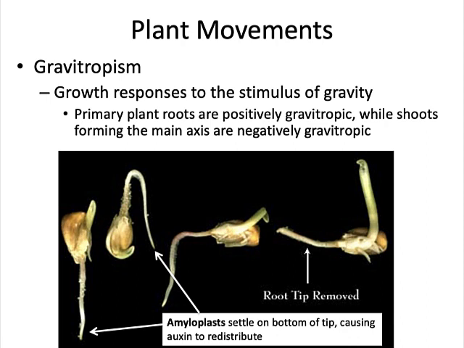Also, in the root tips, we often find amyloplasts that settle on the bottom of the tip, causing auxin to redistribute, which causes these roots to continue growing deeper and deeper into the ground.